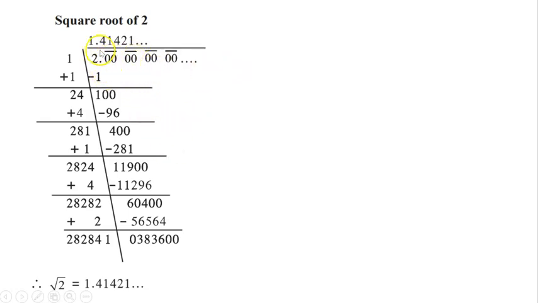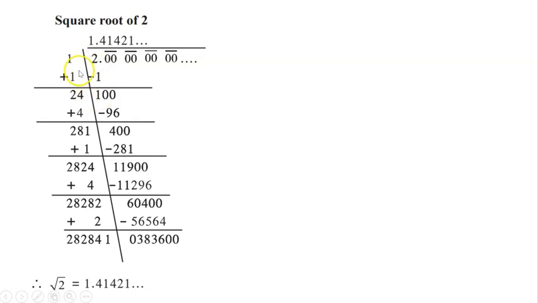Next we find the perfect square that is equal to 2 or less than 2, and the perfect square number is 1 here. Therefore 1 into 1, the quotient is 1. 1 into 1 is 1, 2 minus 1, and you will get 1.